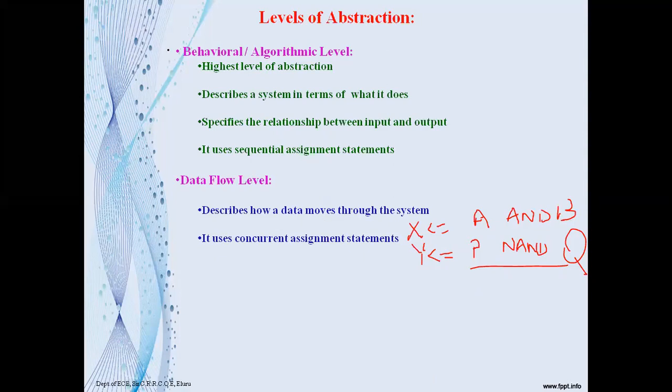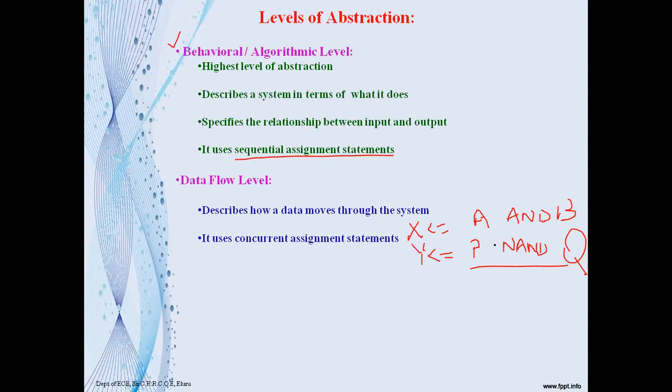At the behavioral level, we use sequential assignment statements, which means that whatever statements are in that architecture body will be executed one by one. In data flow, whatever statements we have in the data flow architecture will be executed simultaneously, and the result will be updated simultaneously at all the outputs. That is data flow, which describes how data is flowing.